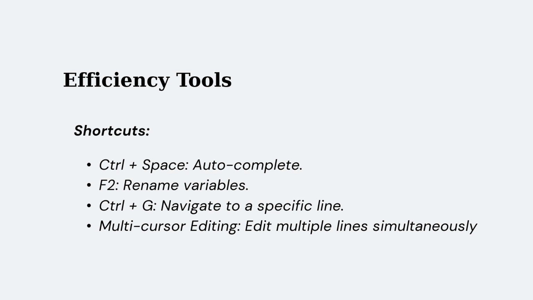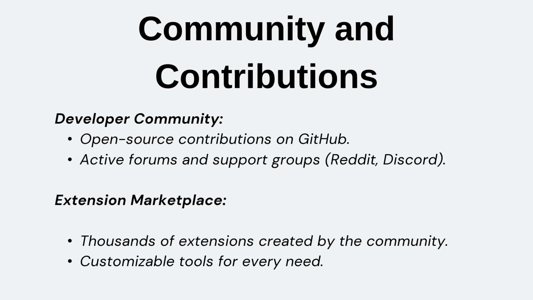A modern IDE and editor such as Visual Studio Code offers many features and add-ins that will increase productivity. Community and contribution. Visual Studio Code is an open source project and has an active community of millions of developers who help both use and develop the software.